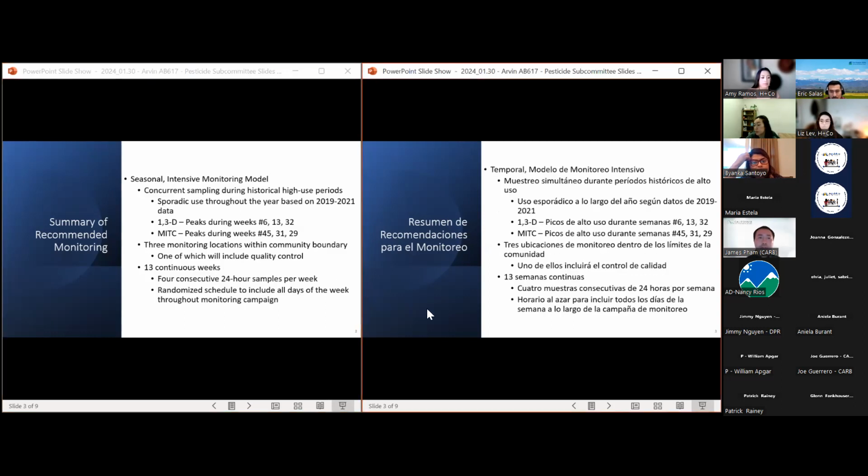So we're recommending a seasonal intensive monitoring model. What that means is that we'll monitor for about 13 weeks, and we're hoping to do concurrent sampling, which means that we'll be monitoring for both compounds at the same time.